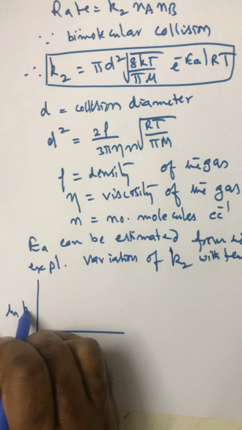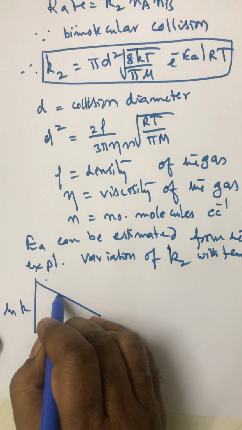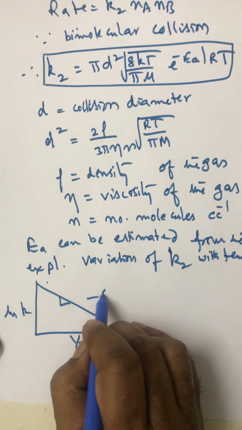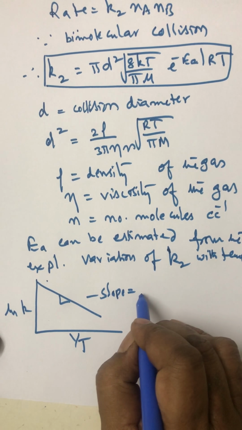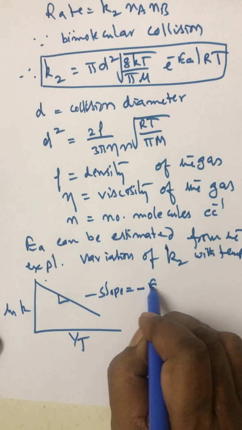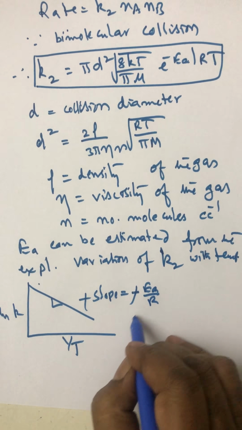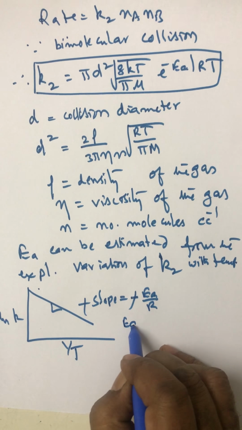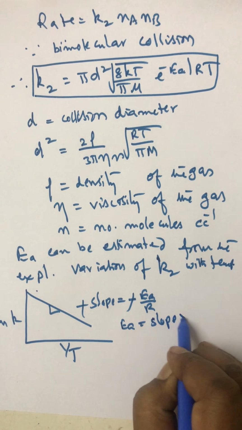A plot of ln k versus 1 upon T gives a negative slope, negative EA by R. EA can be calculated from the slope, which is multiplied by R.